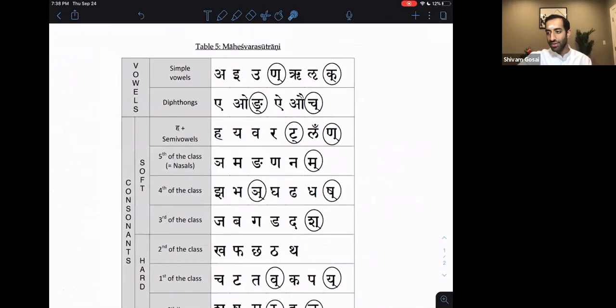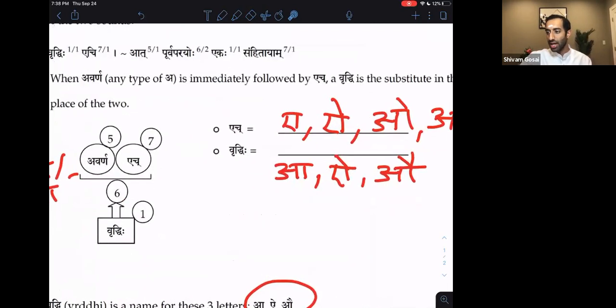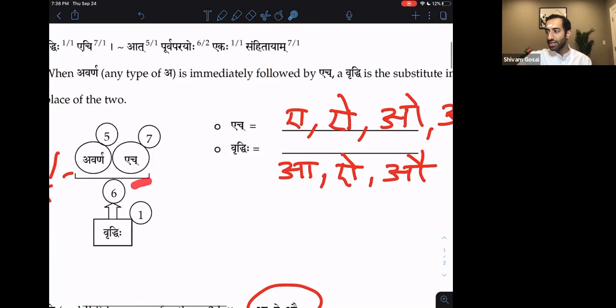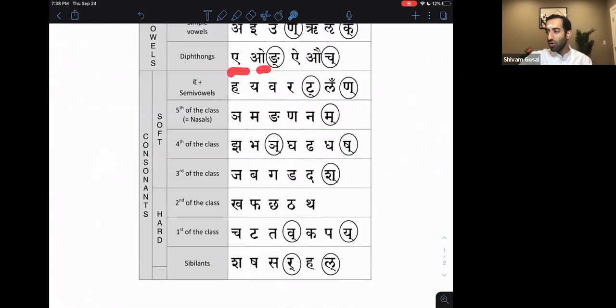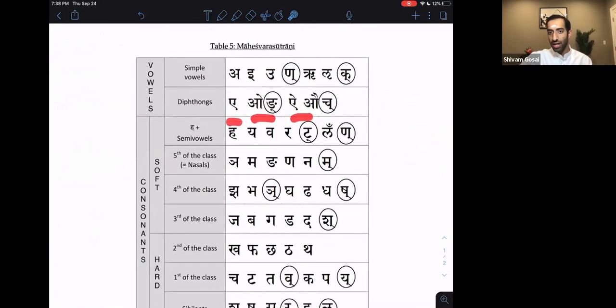When it meets the diphthongs e, o, ai, au. Sorry, can you see that? E, o, ai, au. So when avarna, either short a or long a, meets these diphthongs, not the simple vowels, this is vrddhi-sandhiḥ.